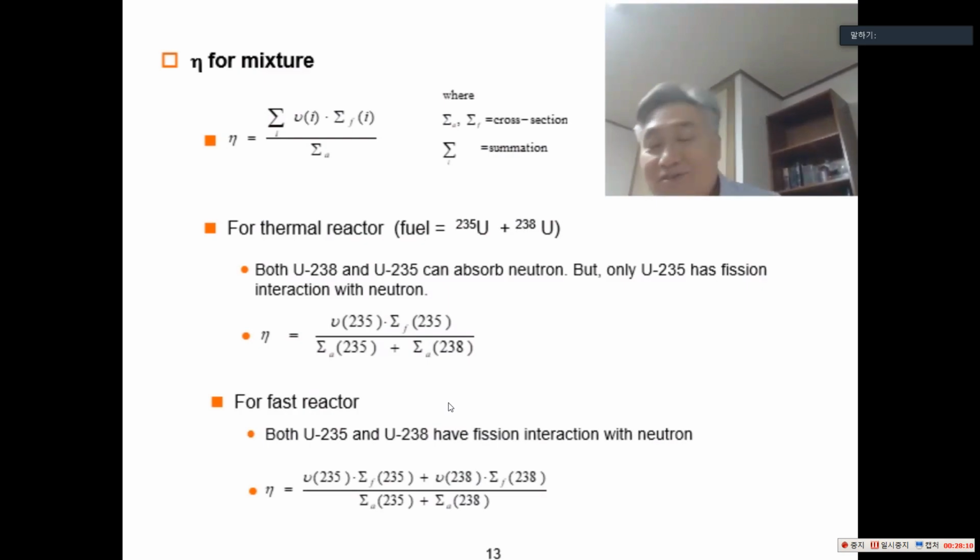So in the fast nuclear reactor, the fission cross section for uranium 235 is large. In this case, we have nu 238 and sigma f 238, because for the fast reactor, the fission cross section of 238 is not negligible. So we have to put the expression here. Okay.